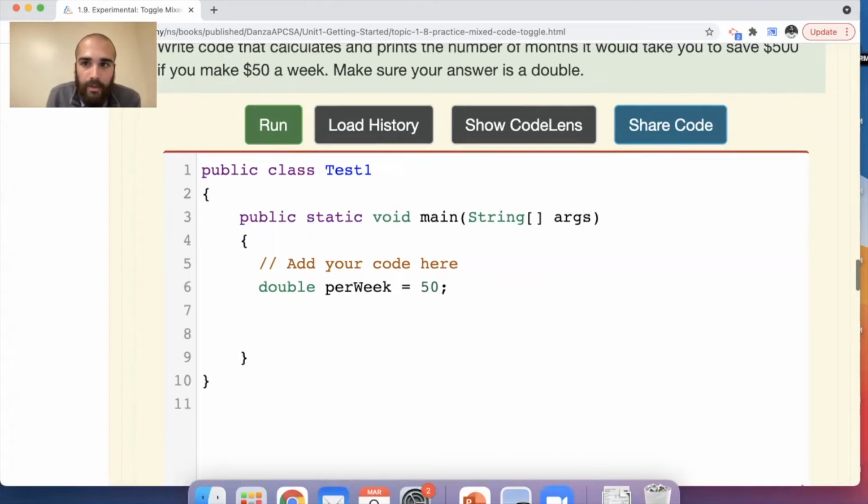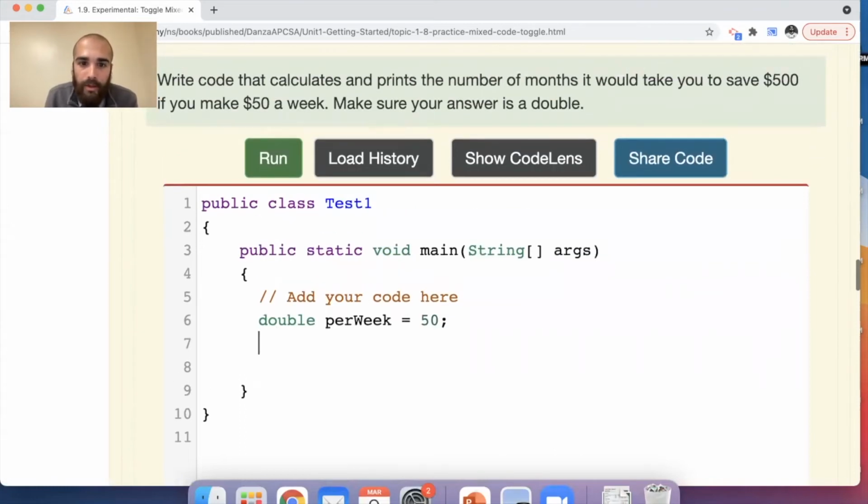So per week, how much you're making per week. And I guess I'll say how much I want to save. So I'll say my goal is $500. You can name your variable whatever you want. All right, so I'll create an int because the int will take off the remainder regardless.